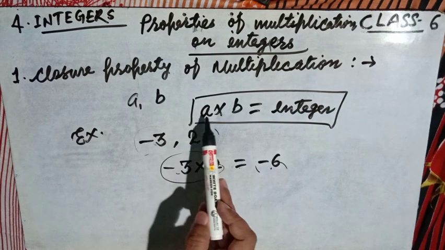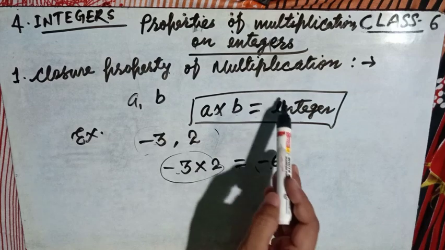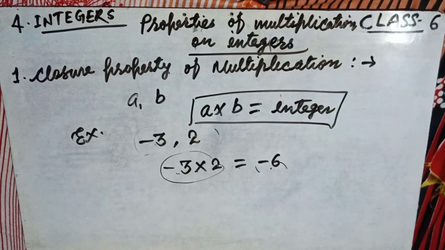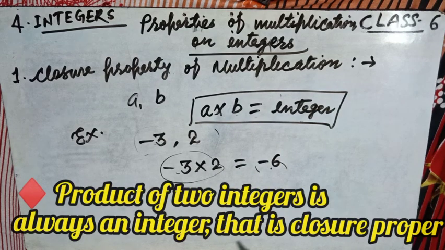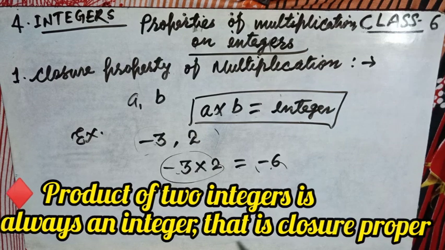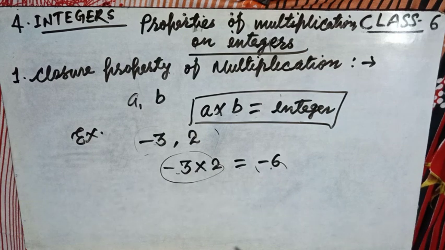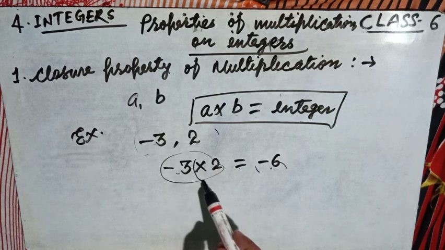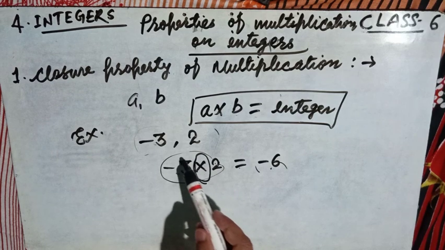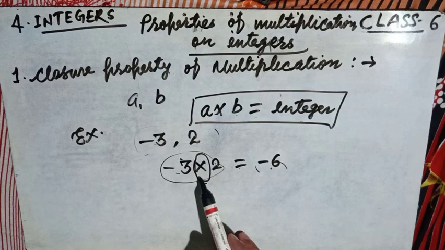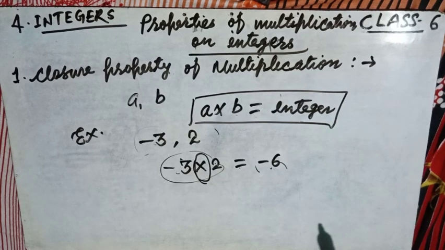Hence we can say, the product of two integers is always an integer. This is the closure property of multiplication. Why multiplication? Because we are multiplying two integers. I hope you understand.